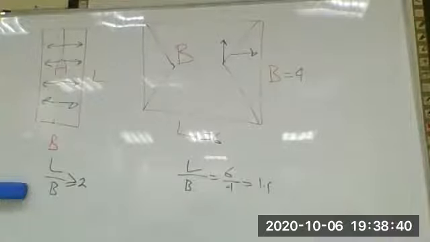B1 sine 30, here. B2 sine 60, and here B2 cosine 60. Load, the weight of the body. And reaction, for sure, 100%.